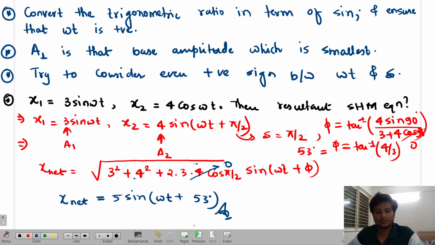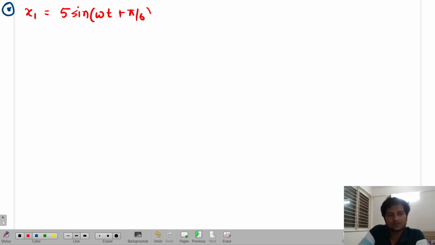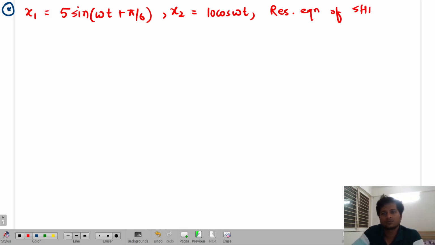If x1 is equal to, this one is a very good question, 5 sine omega t plus pi by 6 and x2 is equal to 10 cos omega t. Find the resultant equation of SHM.